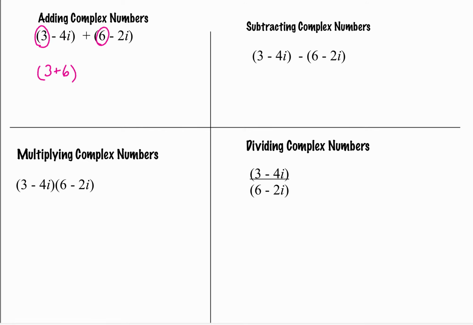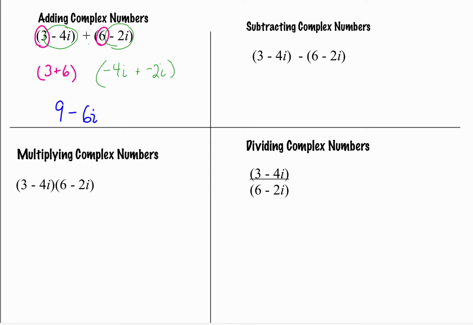And then the imaginary part of negative 4i, I want to add that to the other imaginary part of negative 2i. So I have just created a new complex number. It would be the complex number 9 minus 6i.